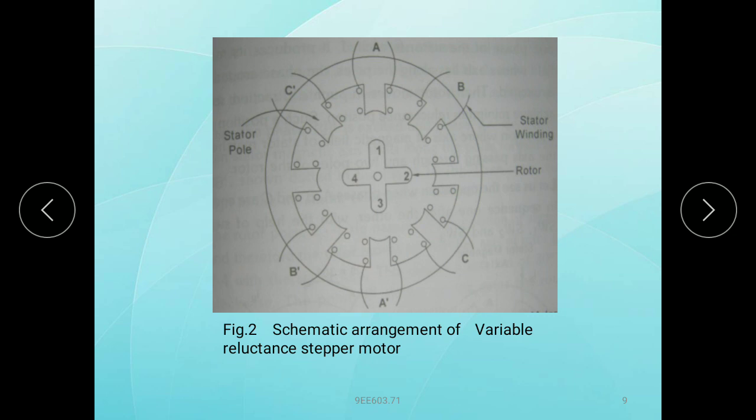This winding, this wire, is the stator winding. And this one is the rotor.